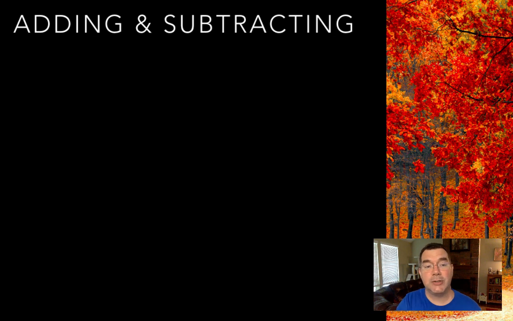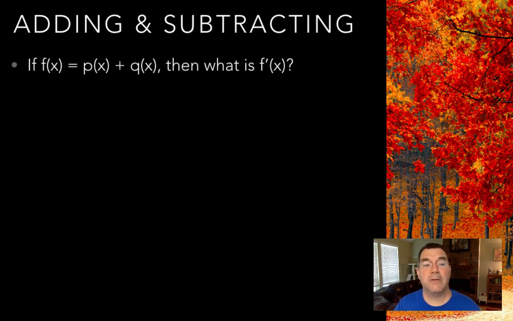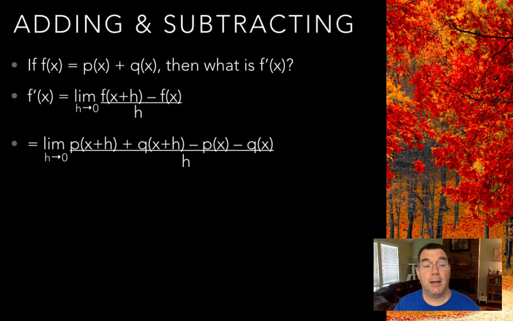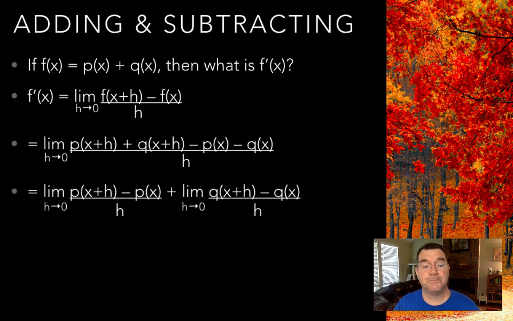Adding and subtracting, there's a rule for that. So if I have a function that is composed of two functions being added together, what's the derivative of that? So I go back to my definition. f of x plus h is just going to be p of x plus h plus q of x plus h. And then if I subtract off f of x, I'm subtracting p of x and I'm subtracting q of x, and all of that goes over h.